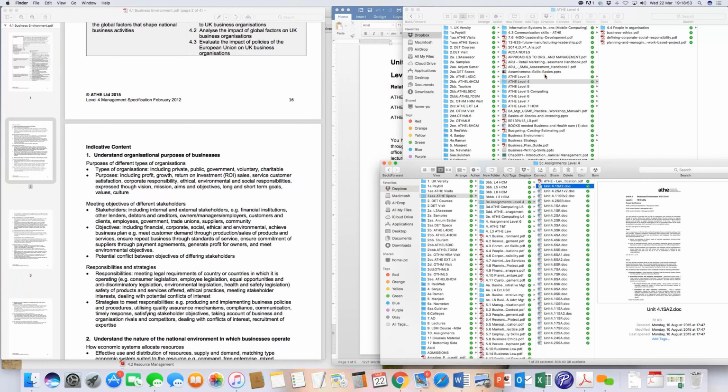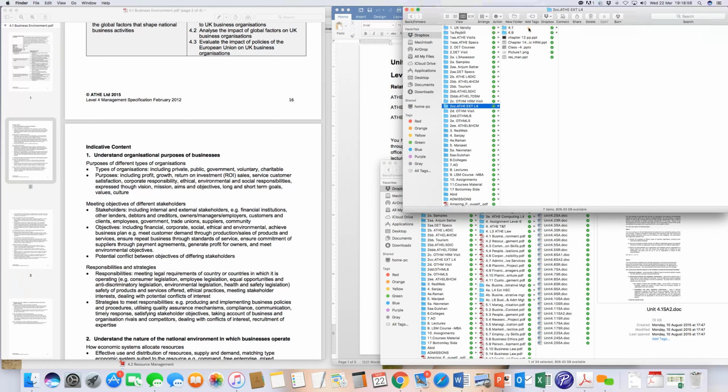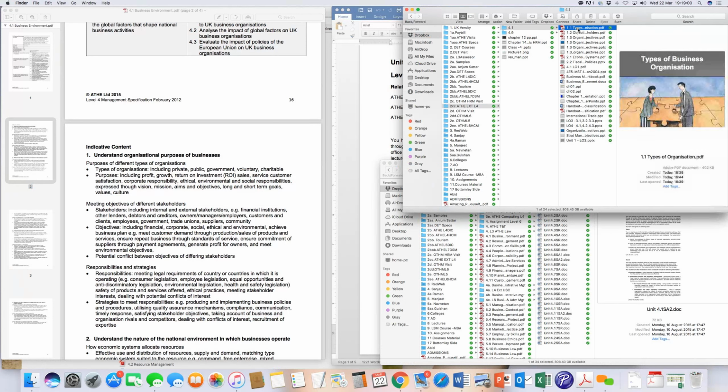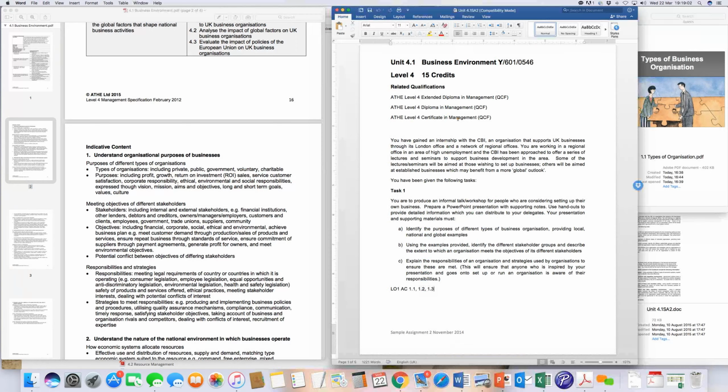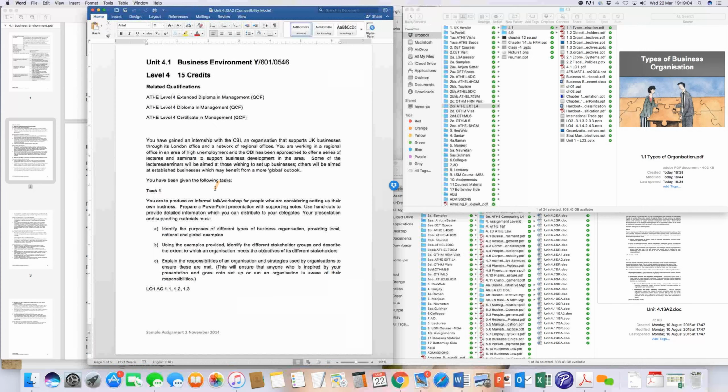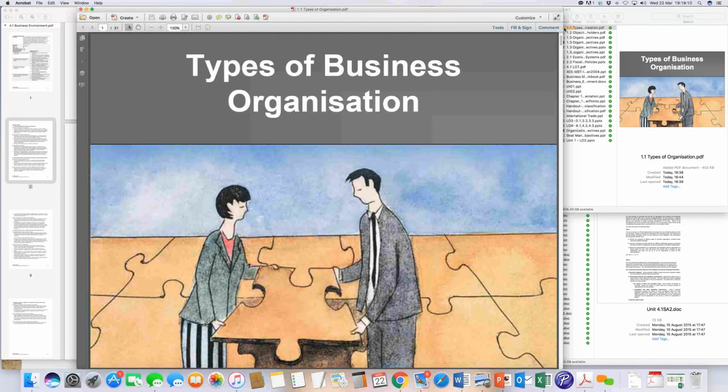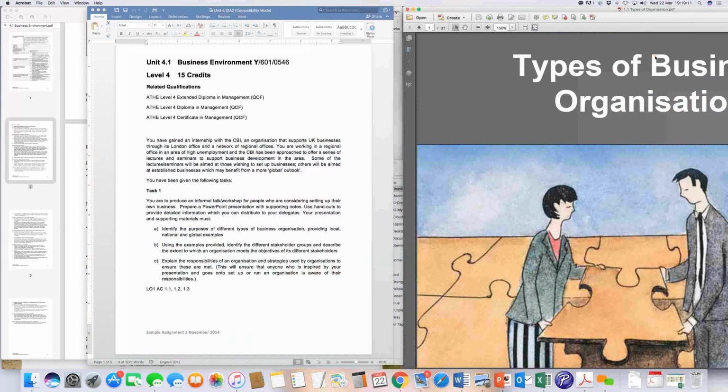Okay. Now, just to relate this to, say, the handouts, the things that are sent to you today. It says produce. If you look at the assignment brief here, it asks you to produce a PowerPoint presentation with support. What I've sent to you is asking you to produce something called different types of business organizations providing local, national, global examples.